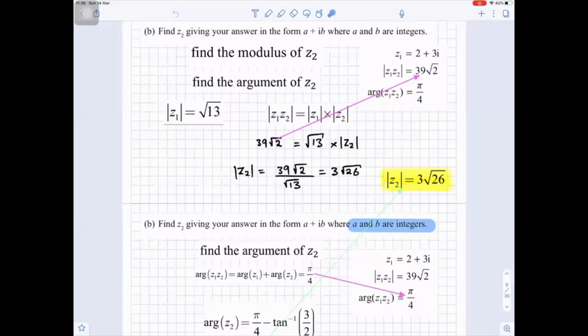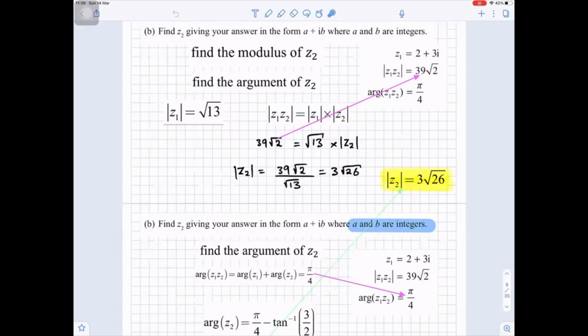For part B, it says find Z2, giving your answer in the form a plus ib, where a and b are integers. So we know Z1. We know the modulus of Z1 times Z2, if you look on the top right, is 39 root 2. So what we want to do is to find the modulus of Z2, and then after that, we'll find the argument of Z2. So we know the modulus of Z1 is square root of 13.